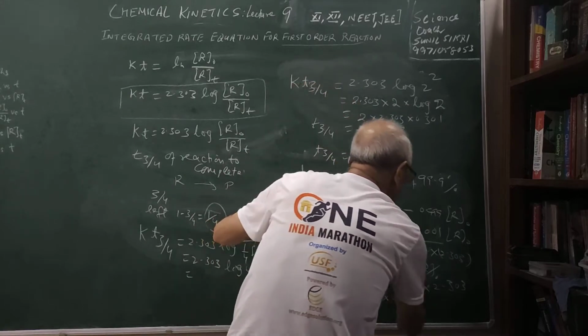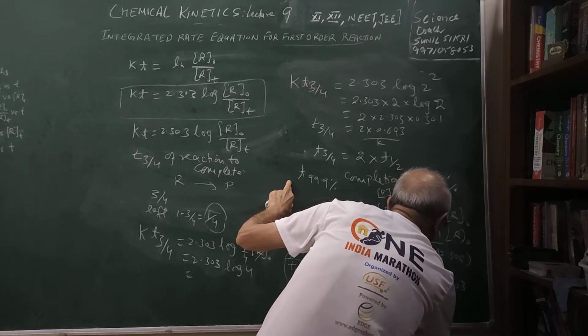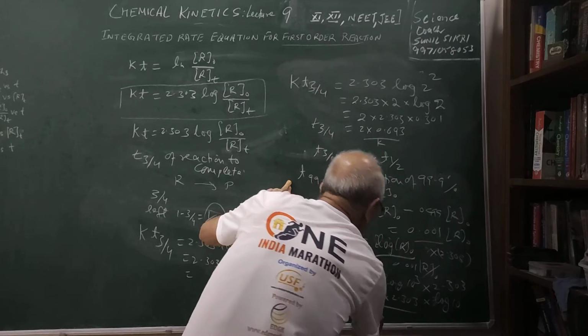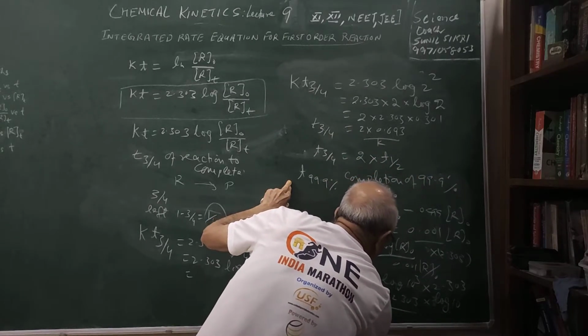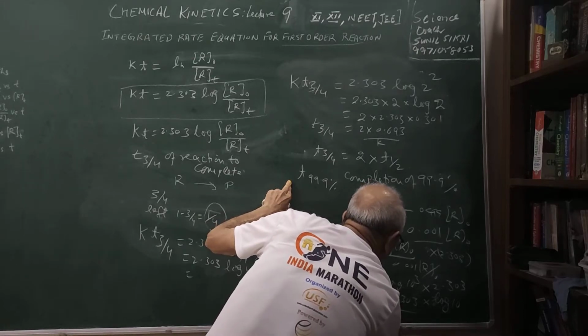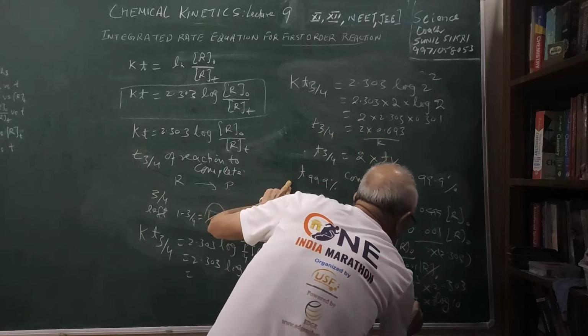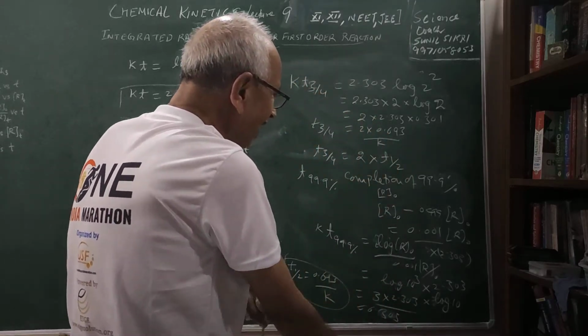Log 10 is 1, so this value is coming to be how much? 3 into 2.303, that is 6.93. So what do you find here, students?